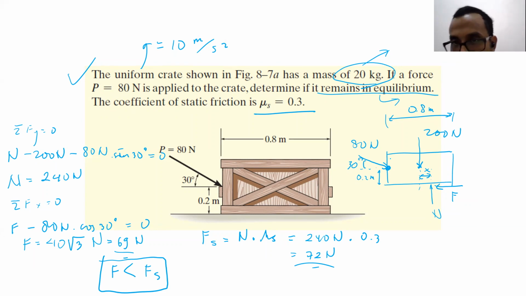Sorry, I think it's better to use sigma moment at this particular point A. Sigma moment at point A, with distance X. Most likely for this one the tipping over is not happening, but you can check. How to check it is by calculating whether X is bigger than 0.4 or not.